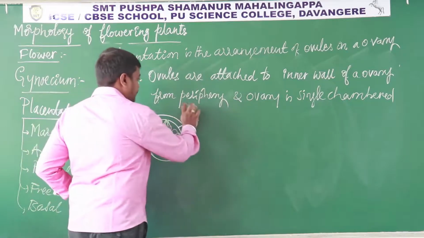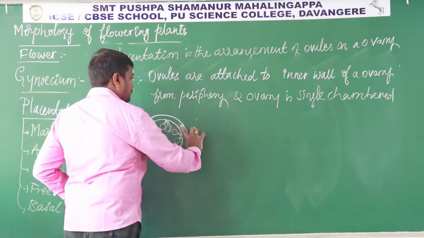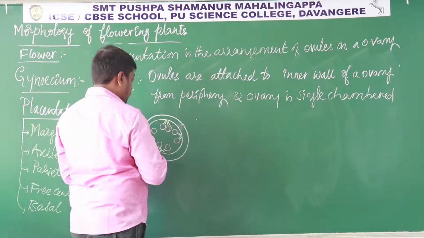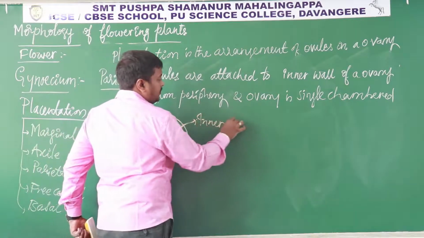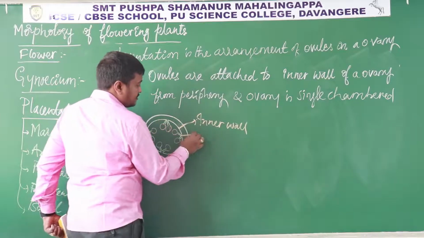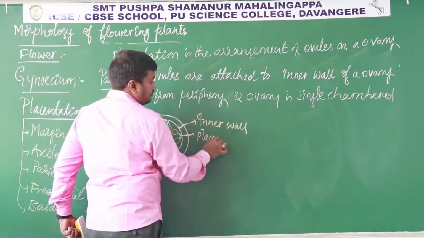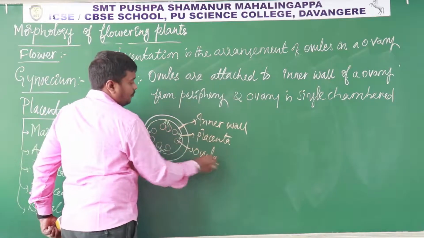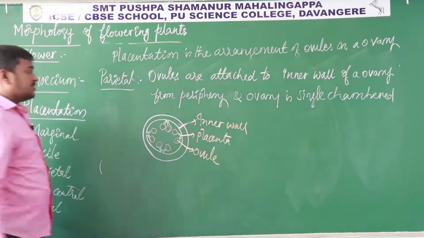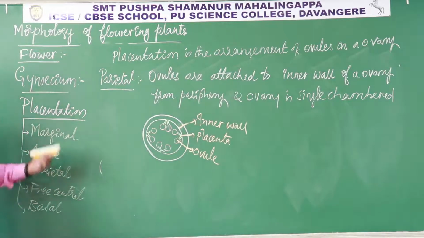So write it in a different color, with proper labeling. So this is inner wall, and this is placenta. This is ovule. So placenta is present towards the peripheral zone of inner wall.